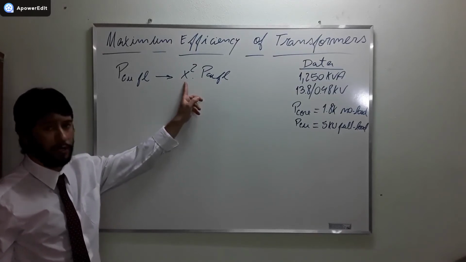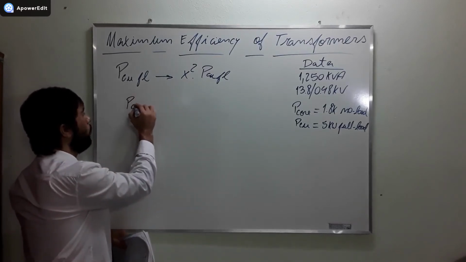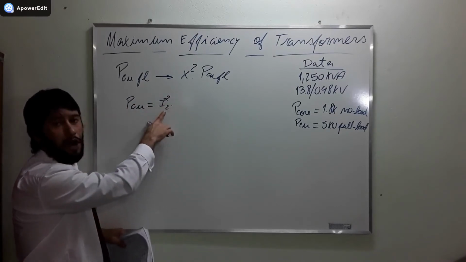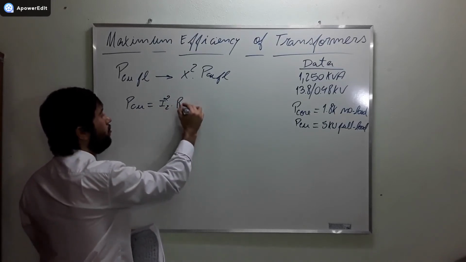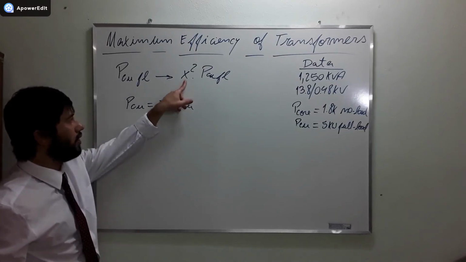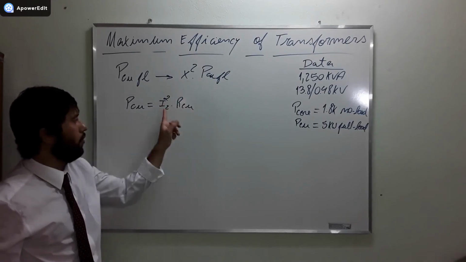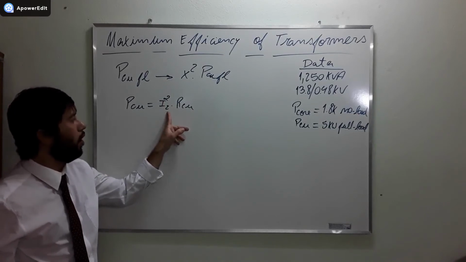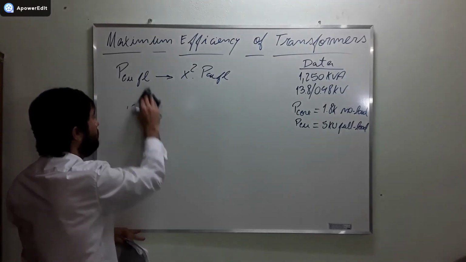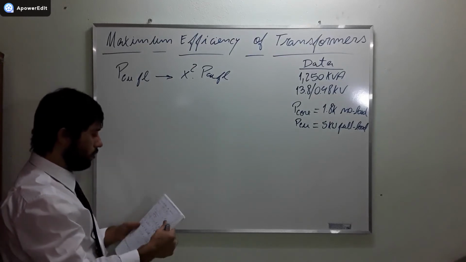Because this power, as we saw, P_CU, is proportional to the square of the output current and the resistance of the copper wires. So this X squared is going to represent the fact that this power is dependent on the square of the output current.